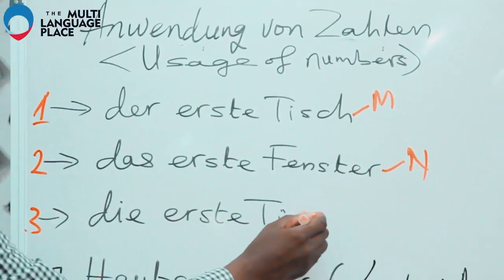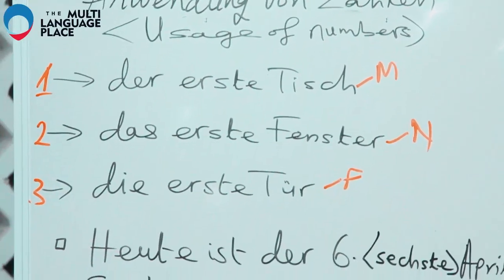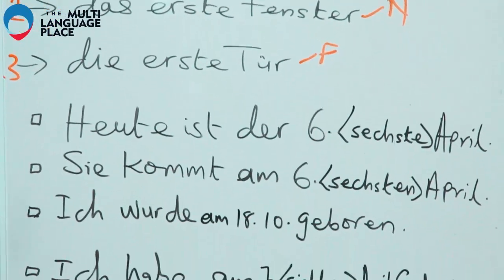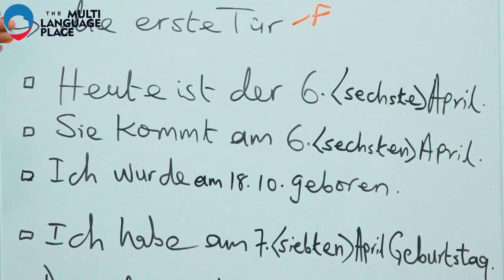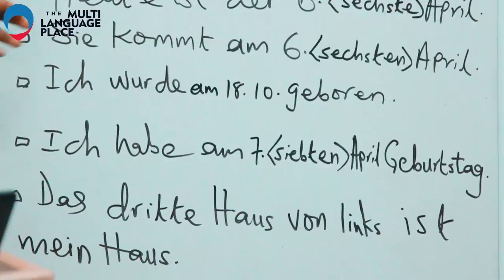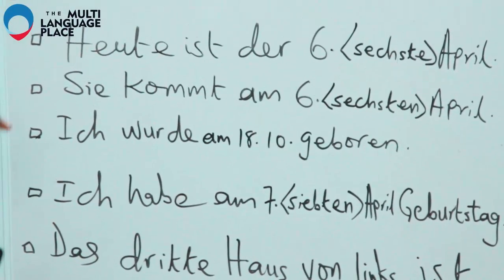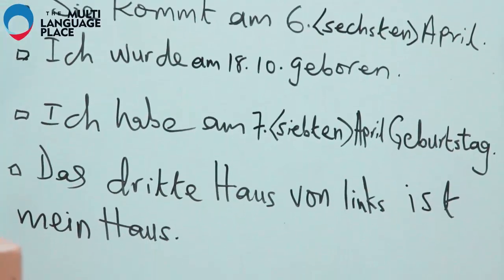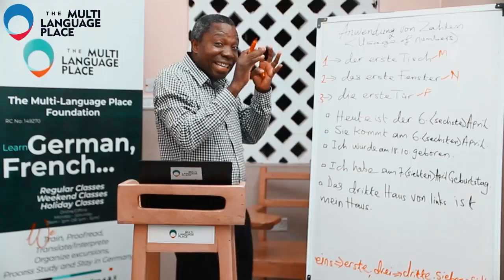And Tür is feminine, gender, feminine. That's why we have die erste Tür. But then we come to another set of examples. And under these examples, I will first talk of the first one and the last one for a reason. I'll come back to the three in the middle.